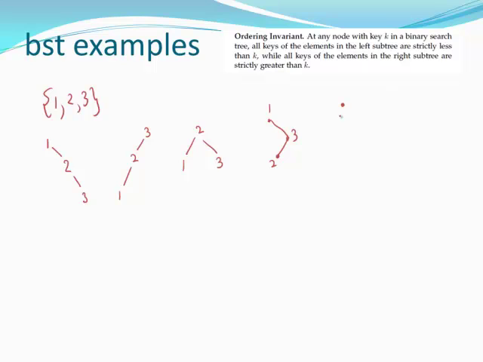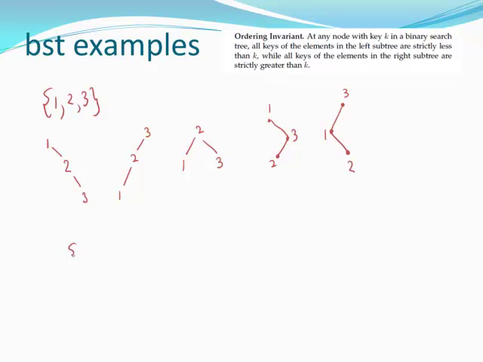We can also have a tree of this shape, where I would include the largest element here. This would be 3, this would be 1, and this would be 2. That's also a binary search tree, where for each node the left child is less than the node and the right child is greater than the node.